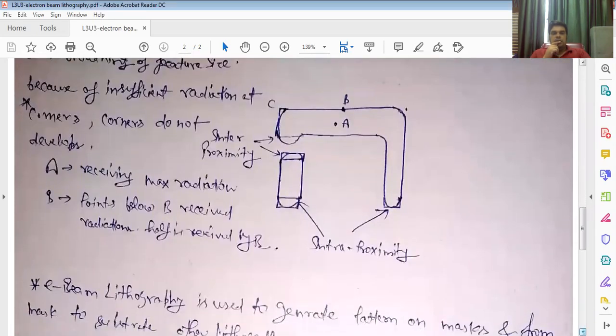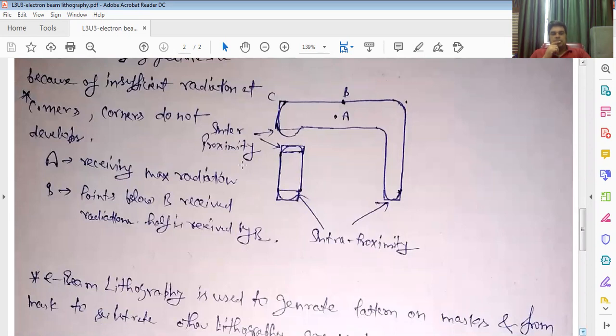Now there is another disadvantage, which is a continuation of proximity effect. Let's say this diagram shows the particular pattern that you want to deposit onto the substrate. Now let us consider the point A. Here the electron beam is focused and the region around this point A receives maximum electron beam radiation.